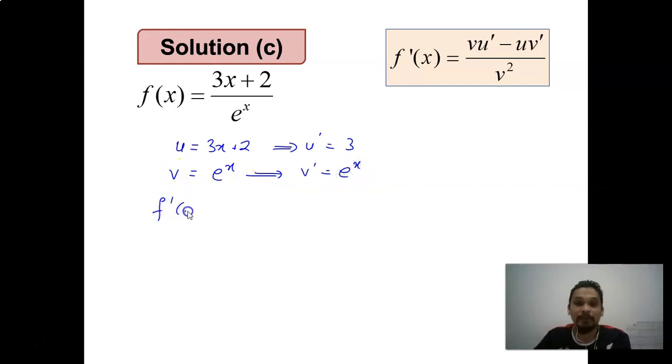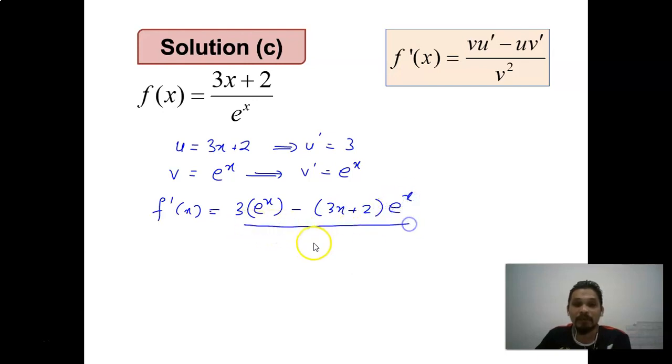So f prime x equals, for this one here, u prime multiplied with v. So u prime equals 3 and v equals e to the power of x, minus u, 3x plus 2, and v prime equals e to the power of x, all divided by e to the power of x squared.